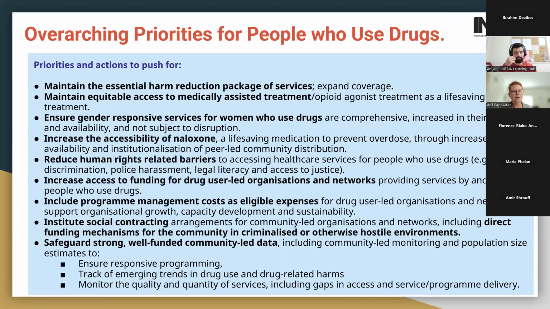Priorities include maintaining harm reduction in the package of services, ensuring equitable access to medically assisted treatment, including opioid agonist treatment, ensuring gender-responsive services for women who use drugs, increasing accessibility of naloxone, reducing human rights-related barriers, increasing access to funding for drug user-led organizations and networks, including program management costs as eligible expenses. This is very important.